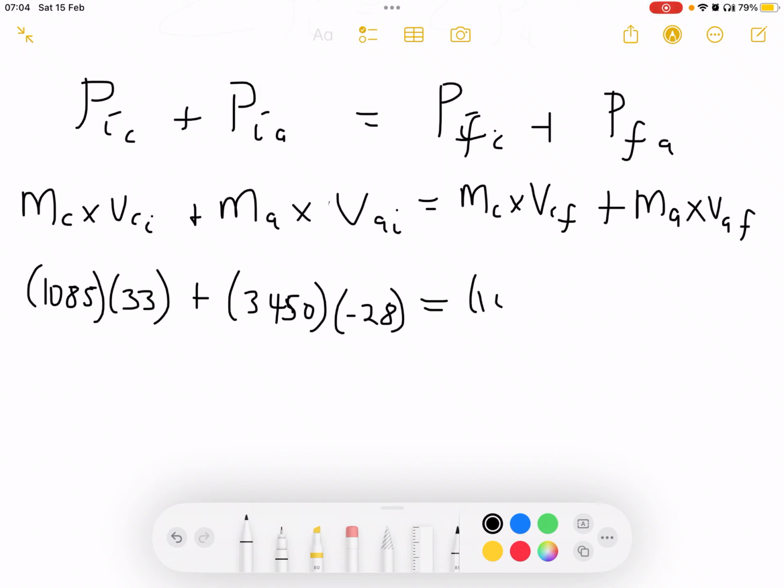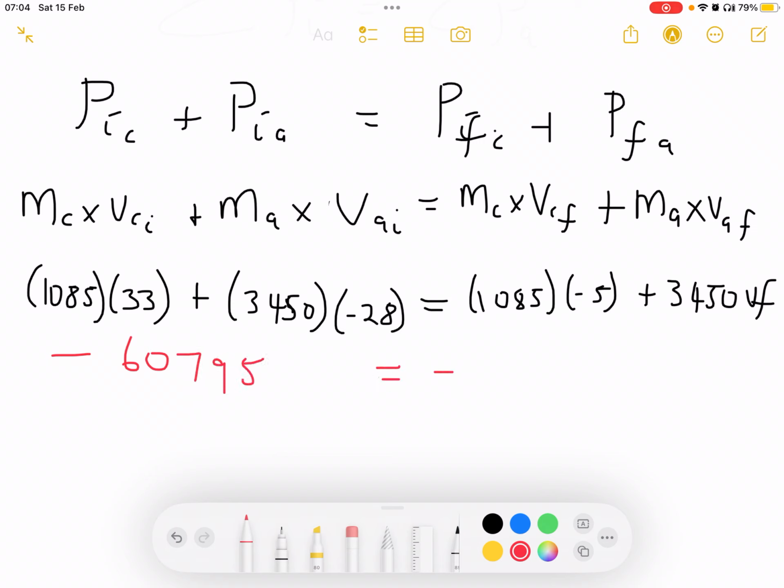Then the mass of the car is still 1085, multiplied by negative 5, plus 3450 multiplied by VF. When we do the summation in the calculator, we get minus 60,795 is equal to minus 5,425 plus 3,450 V final.